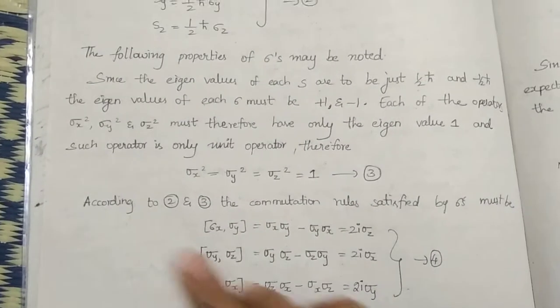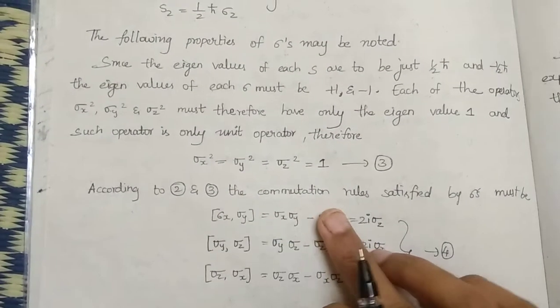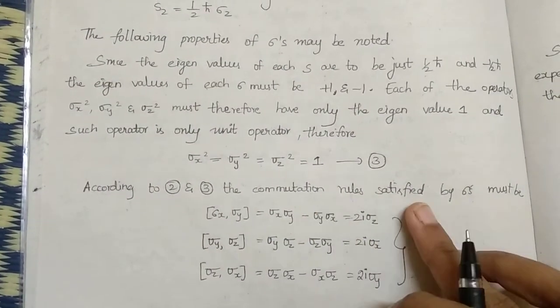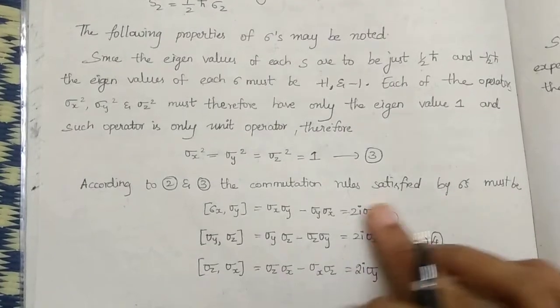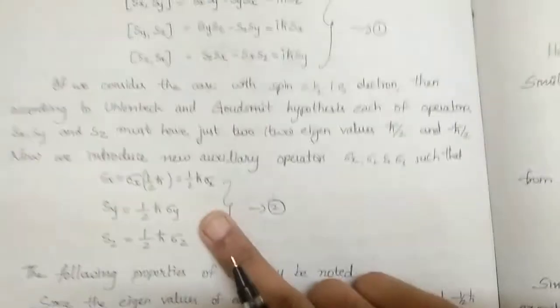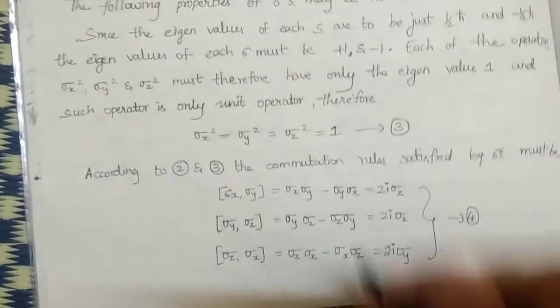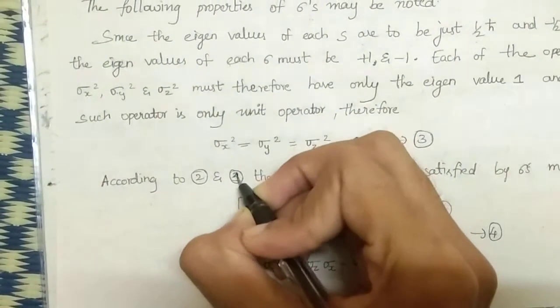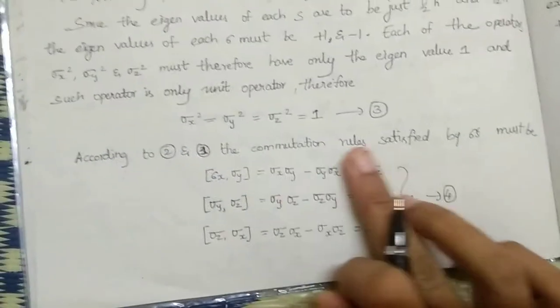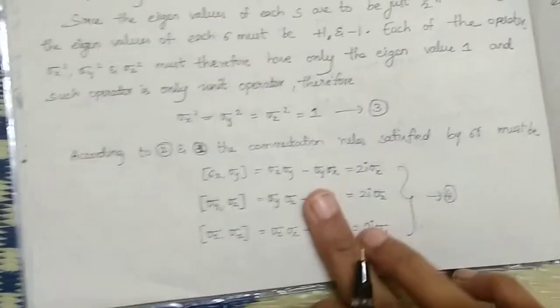So the next thing is, according to 2 and 1, the commutation rules satisfied by sigmas must be found.